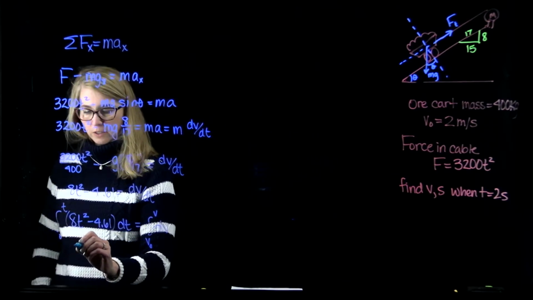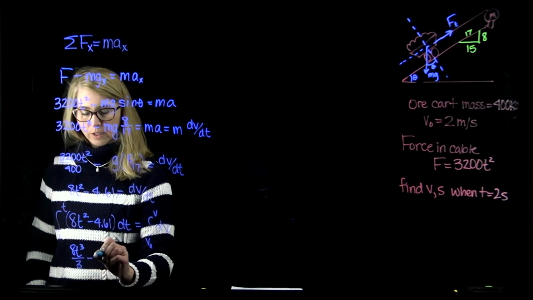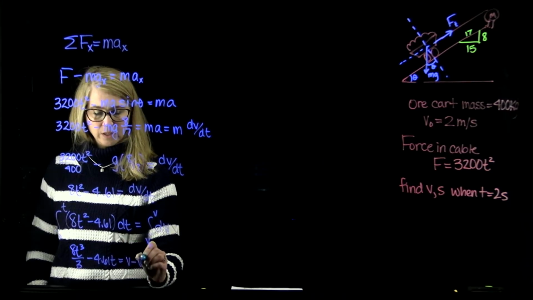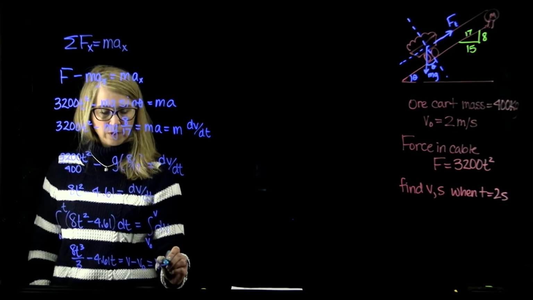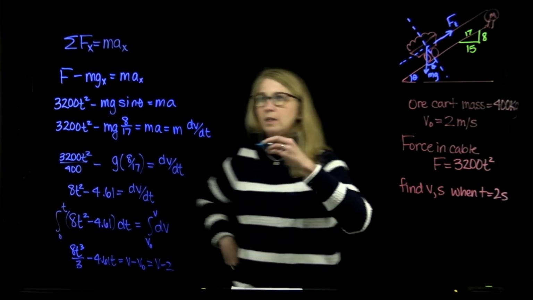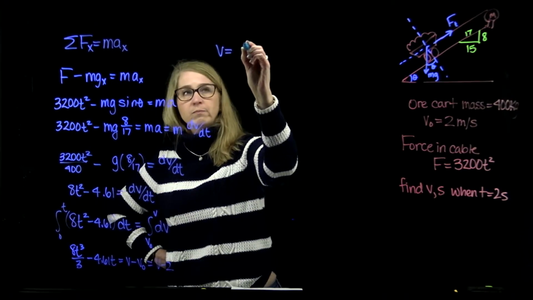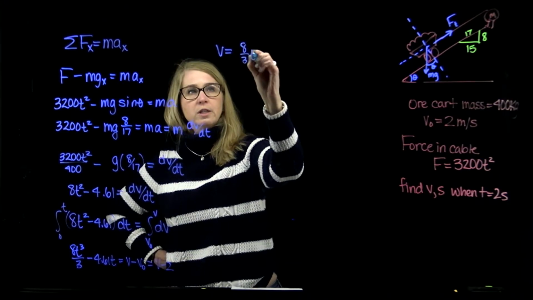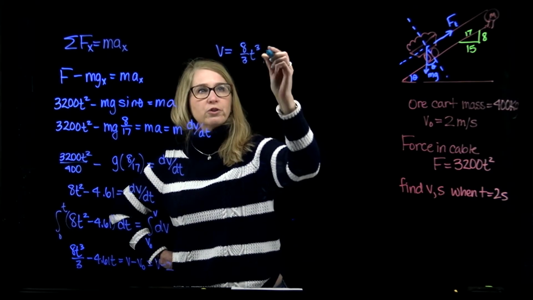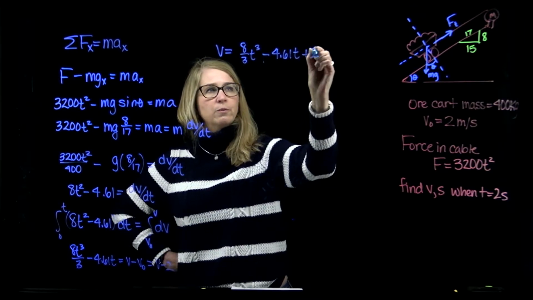So this is going to turn out to be 8t cubed over 3 minus 4.61t equals v minus v naught, which is v minus 2, because we were told that v naught was equal to 2. And so if I rewrite it, I get v is equal to 8/3 t cubed, minus 4.61 t plus 2.